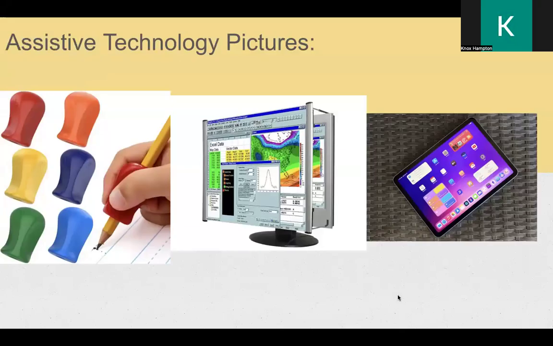Here are some examples of assistive technology. What we got over here, it goes low, mid, and then high. So low is something as simple as pencil grips. This is something that you can give a student immediately. You may want to tell their parents about it, but it's cost effective and can help a student. A mid-range example is a screen magnifier. Maybe a student has an issue with seeing screens.